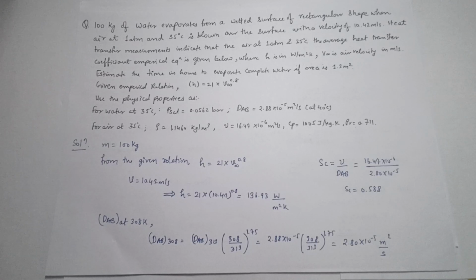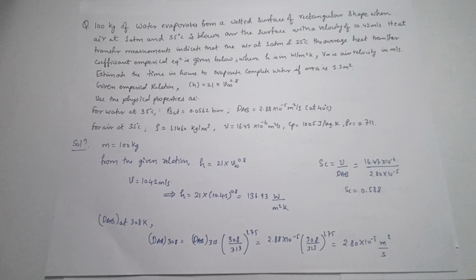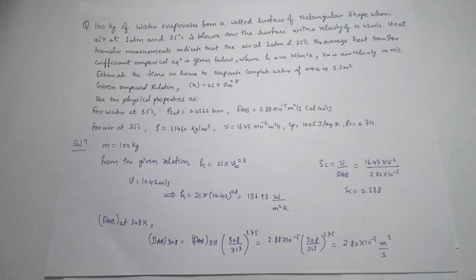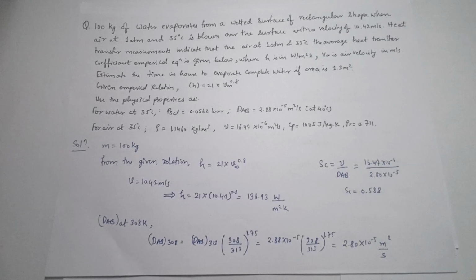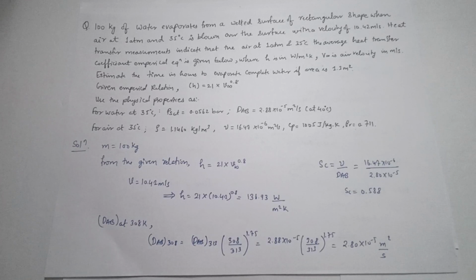Also, we can calculate the Schmidt number, which is kinematic viscosity by DAB. But the DAB, which is the mass diffusivity, is given at 40 degrees Celsius, and we need to calculate it at 35 degrees Celsius. We know from the empirical relation that D2 equals D1 multiplied by T2 by T1 to the power 1.75 for calculating mass diffusivity at different temperatures.